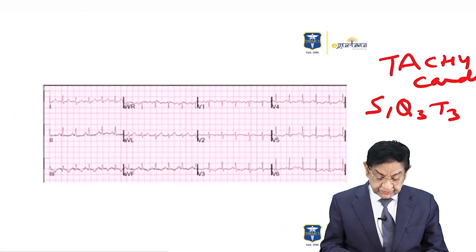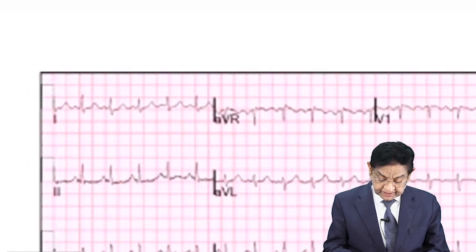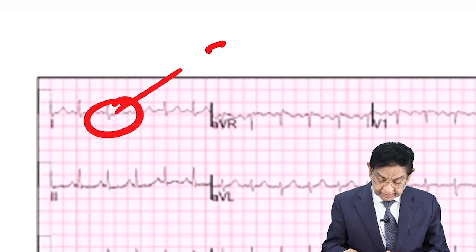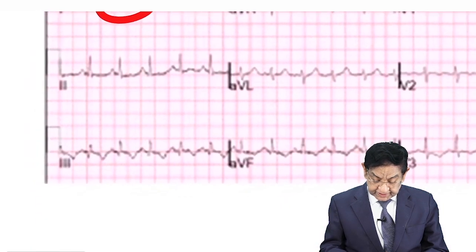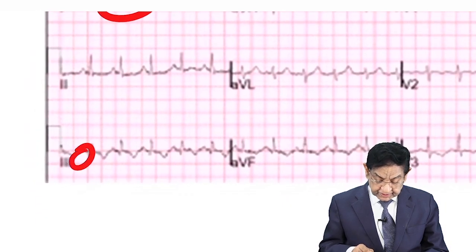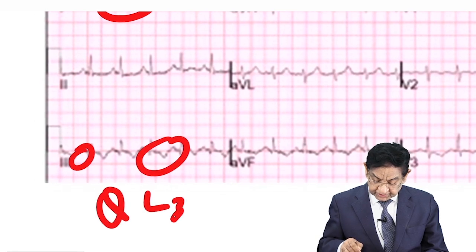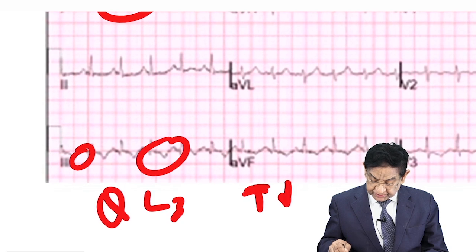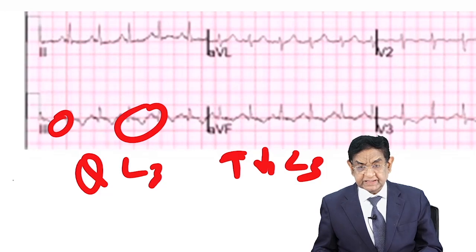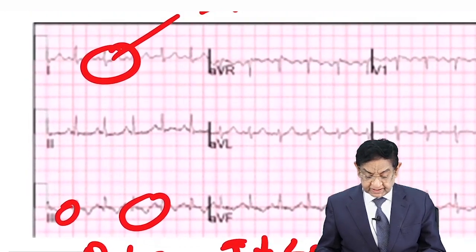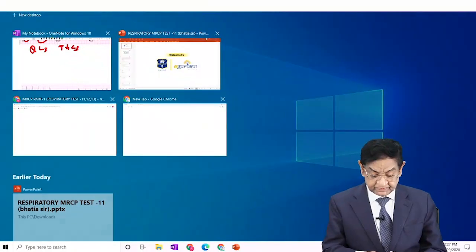You get an S wave in L1, a Q wave in L3, and T inversion in L3. This is the classical finding.